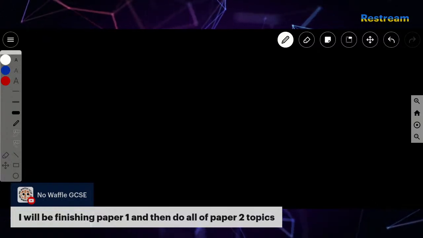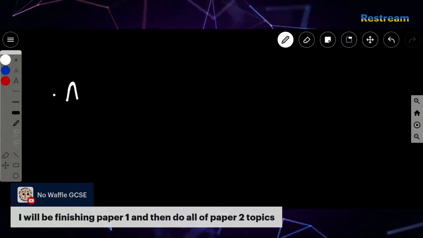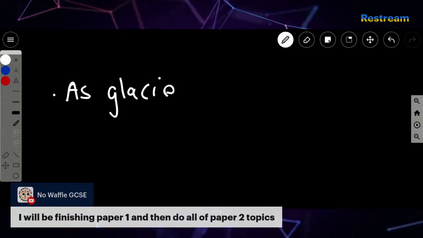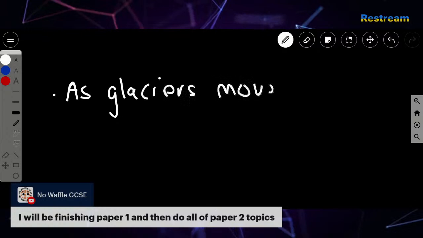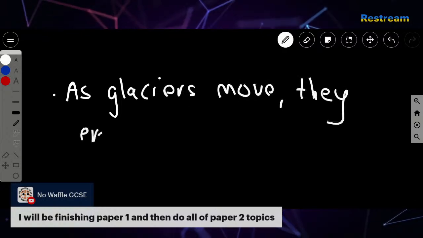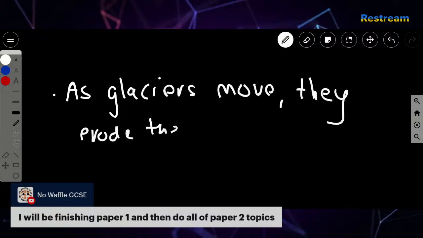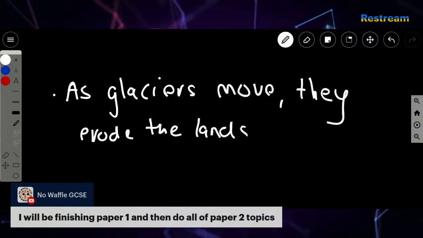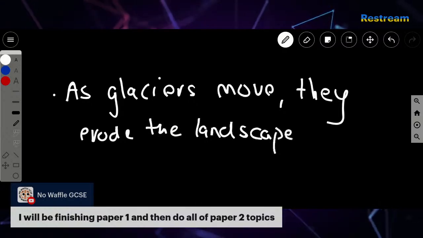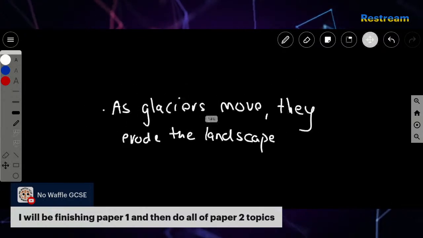That's a key point you need to know. Now we're going to look at the ways in which glaciers erode the landscape.